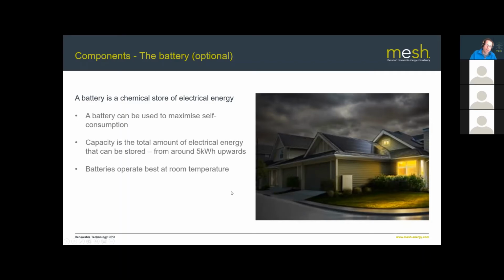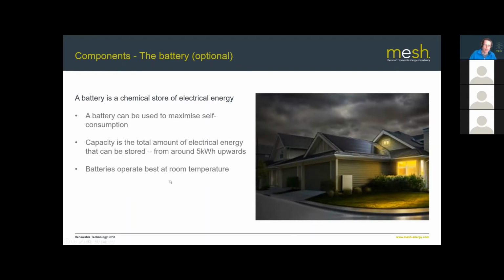So a battery will last about 20 years roughly, depending on how you operate them, and over the course of that lifetime, if you add up the total cost of each kilowatt hour of electricity that they store, it works out at about 10 pence per kilowatt hour. And obviously the difference in cost between what you sell electricity for and what you buy it back for is about 10 pence a kilowatt hour.